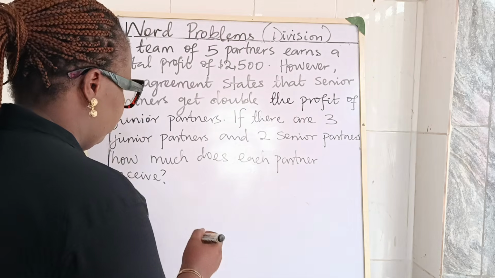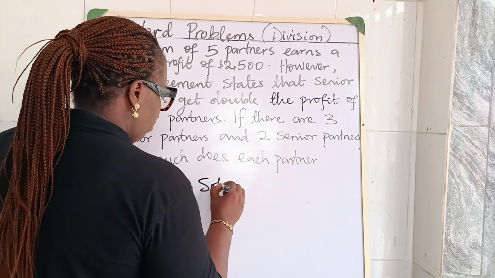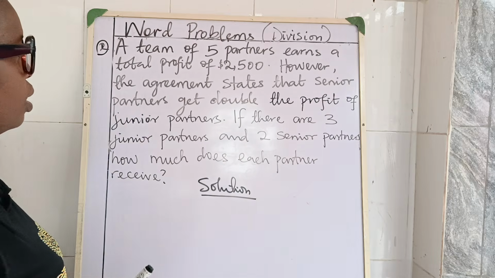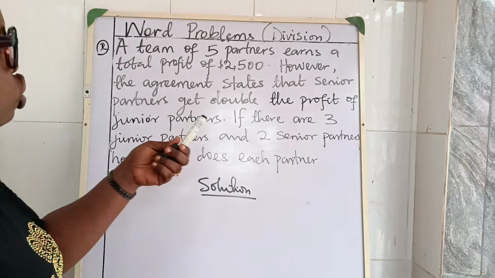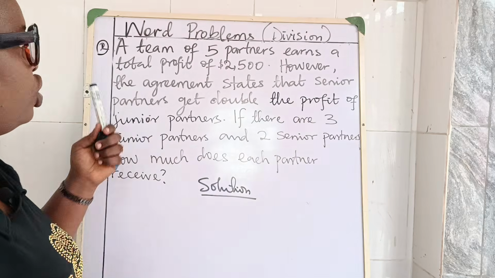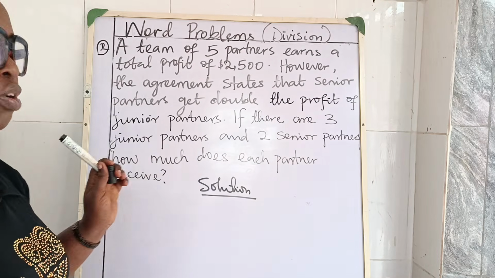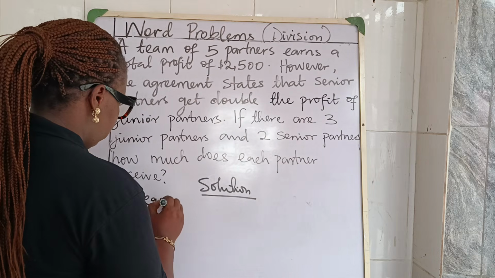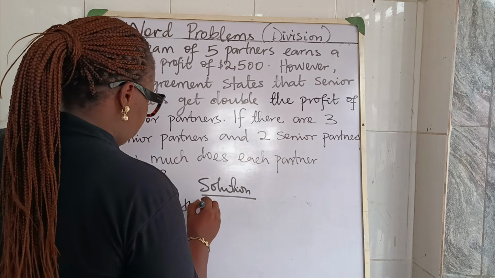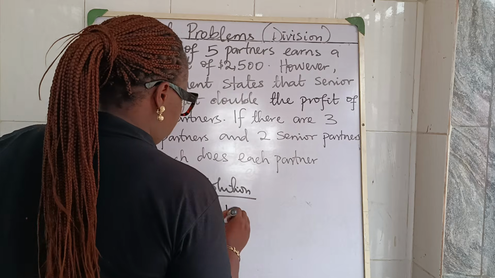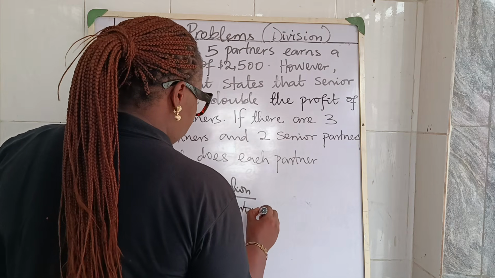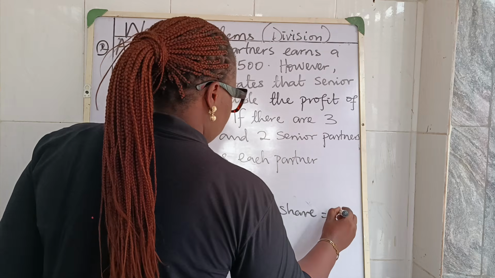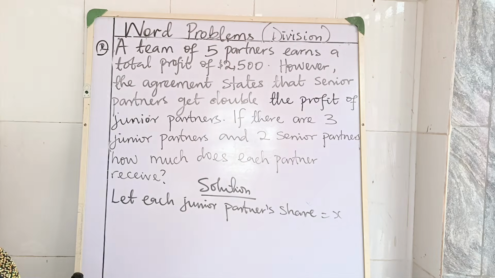Now, solution. Let each junior partner's share be x, because we are looking for the unknown now. Let it be what? x.